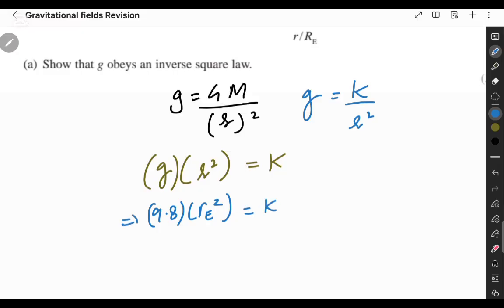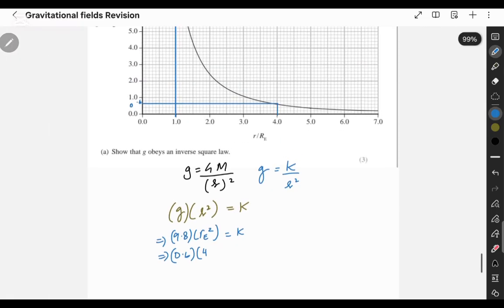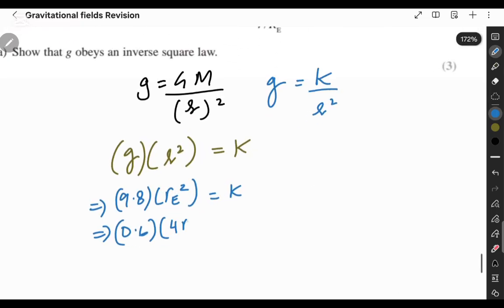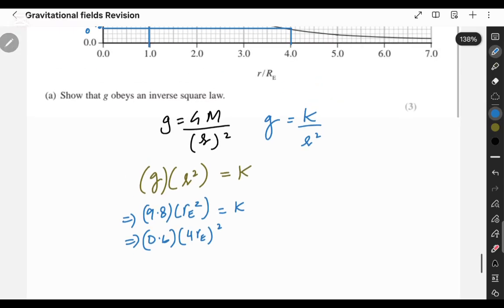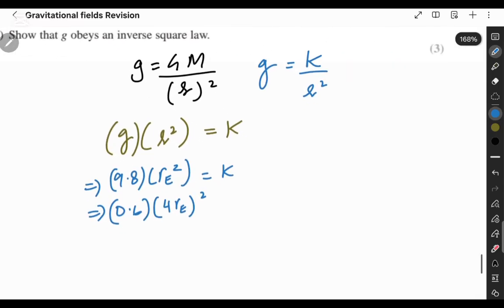And for the other point we selected, it was 0.6 times 4 RE squared. That's supposed to give me 16 RE squared, because 4 times 4 is 16.